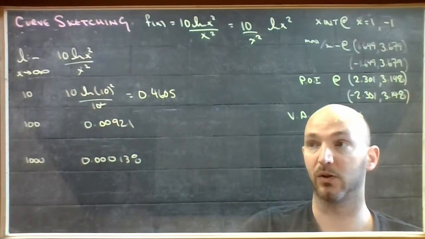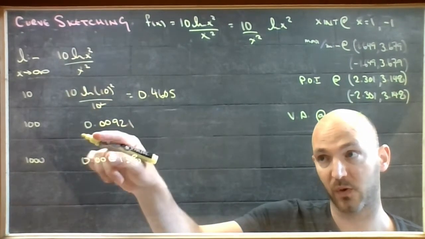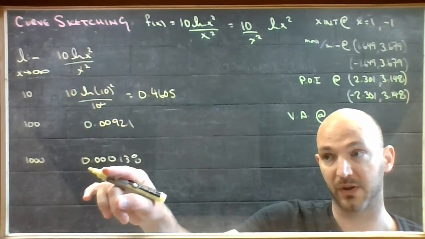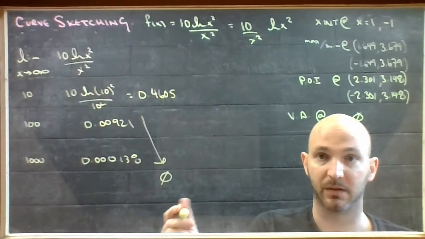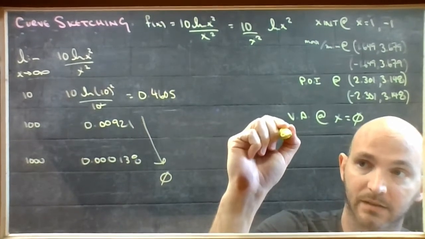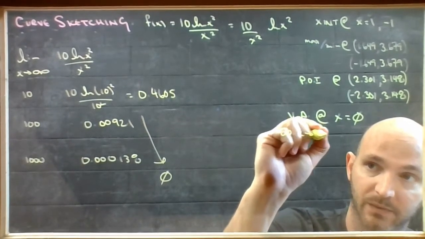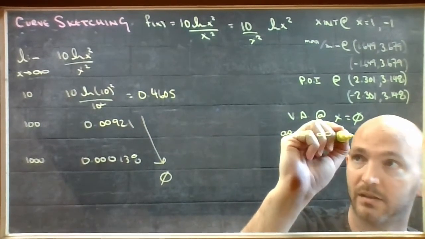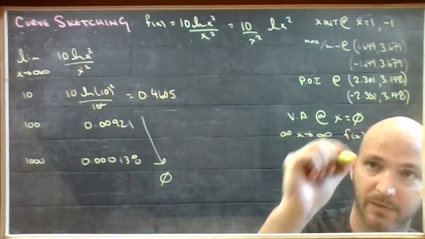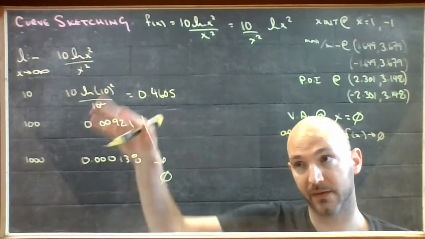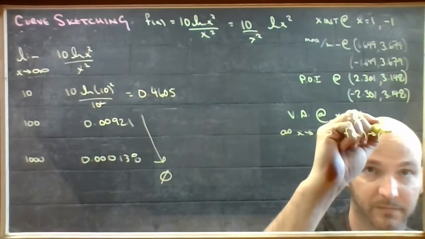Okay, now looking at these numbers, it was 0.4, then 0.009, then 0.0001. It looks to me like these numbers are going to 0. So as x goes to infinity, f of x is going to 0, and they're all positive, so it's dropping from above.